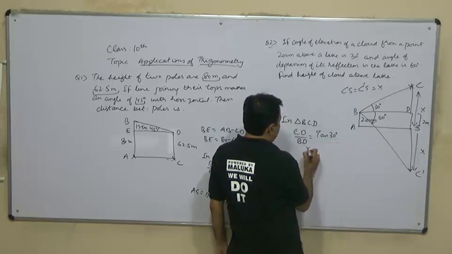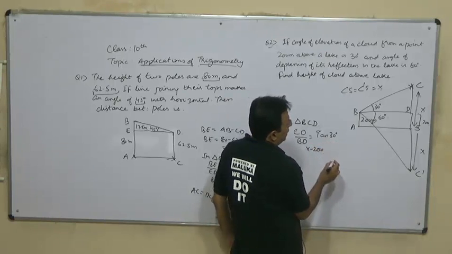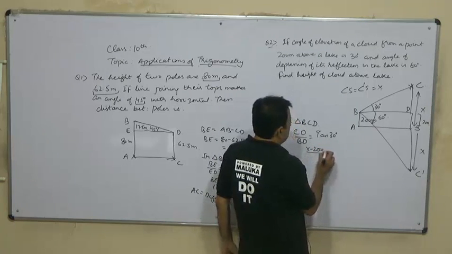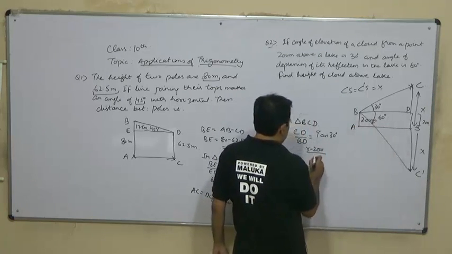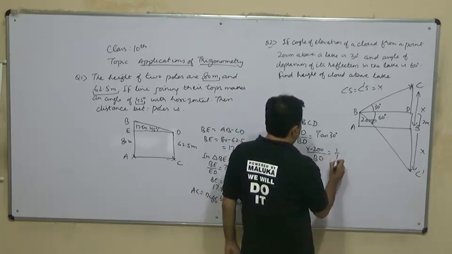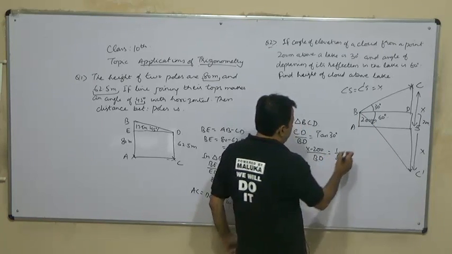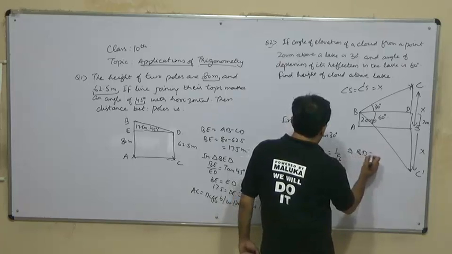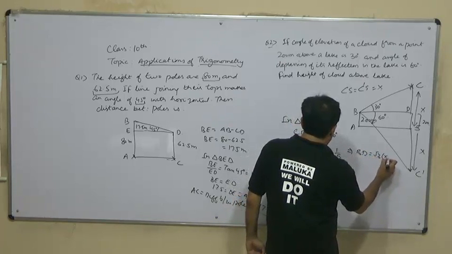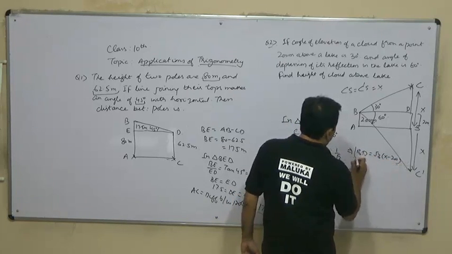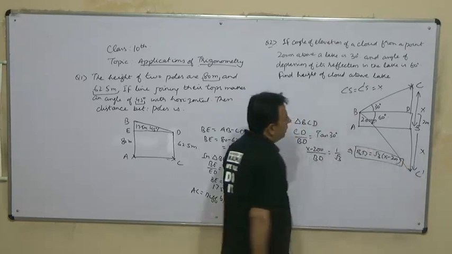So X minus 200 upon BD is equal to 1 by root 3. From here we find BD is equal to root 3 into X minus 200.